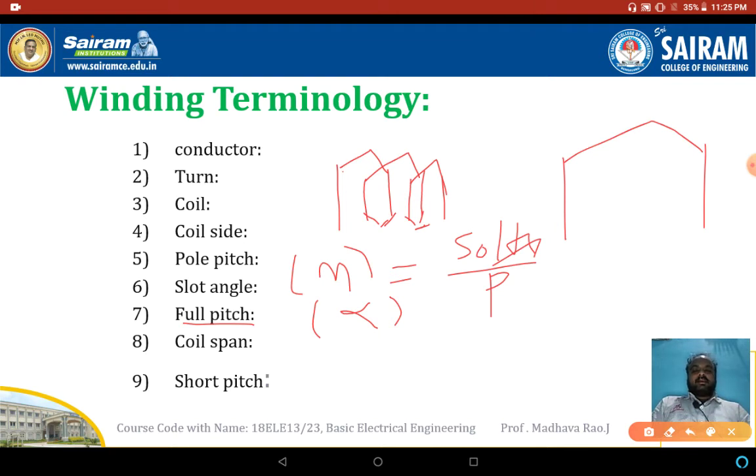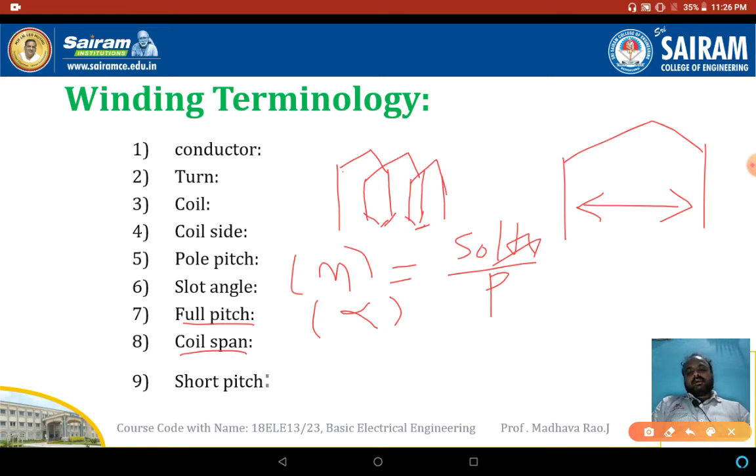The coil span means the distance between the two conductors in a turn. Span means distance, so coil span is the number of slots between two conductors.